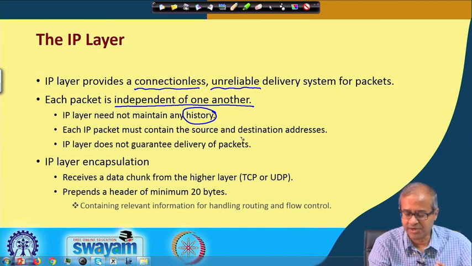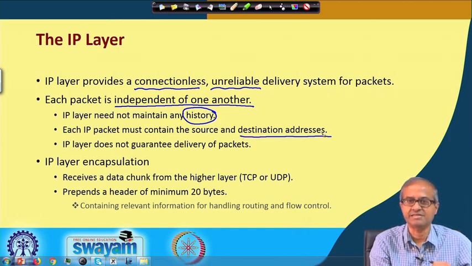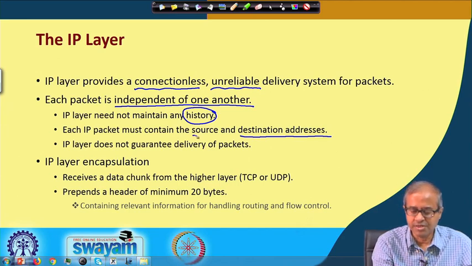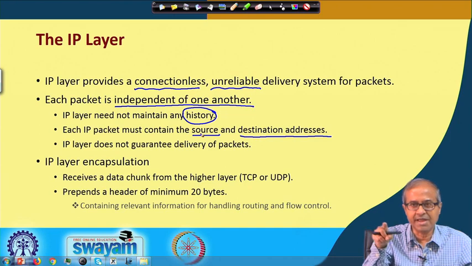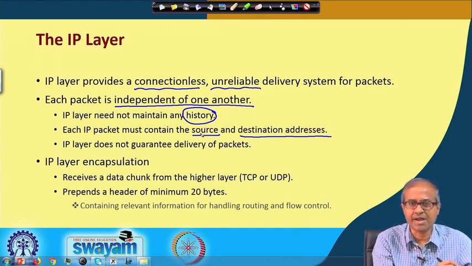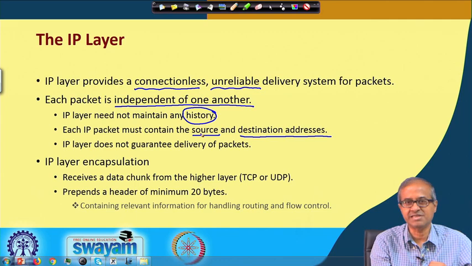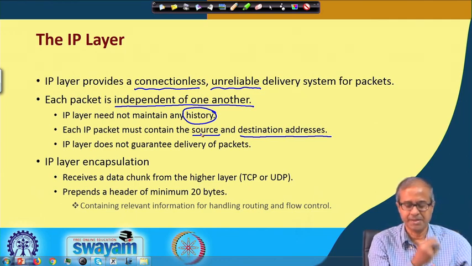You need to provide the destination address, that must be there in the header, and also it must contain the source address, because sometimes some acknowledgement or some information needs to come back to the sender. That is why both source and also destination address are included as part of the IP headers.